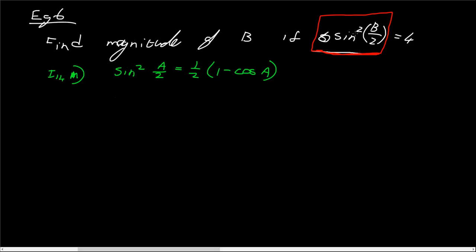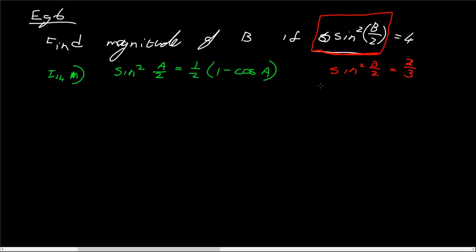So let's just simplify what they've given us here. We're just going to take this 6 across to the other side. So we're left with sine squared b over 2 equals 4 over 6, which is, no, 2 over 3. Okay. That's all good and well. Right.